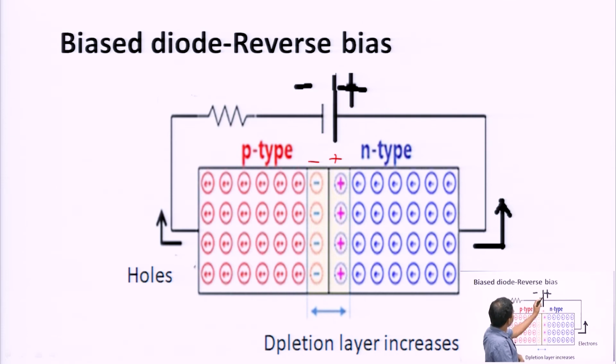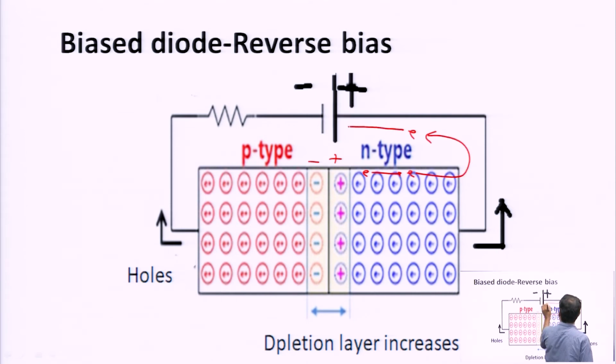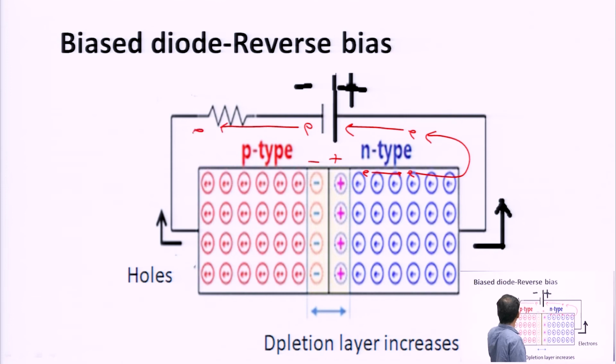The positive plate of the battery will attract the electrons like this. Here electrons will be collected by the positive plate, and the negative plate of the battery will supply the electrons.